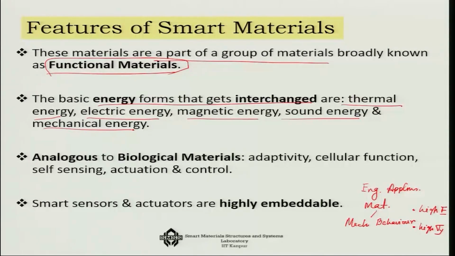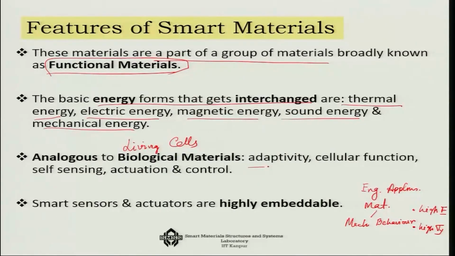One important thing about smart materials is that they are very much analogous to biological materials or so-called living systems. Many times people draw an analogy between them and living systems.